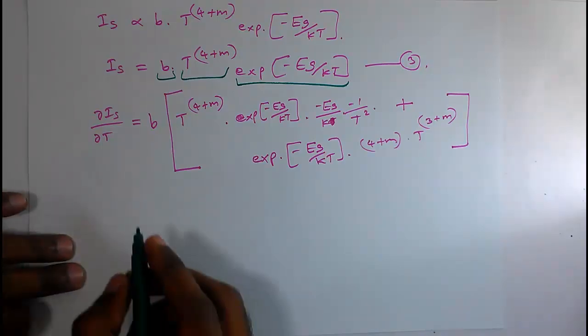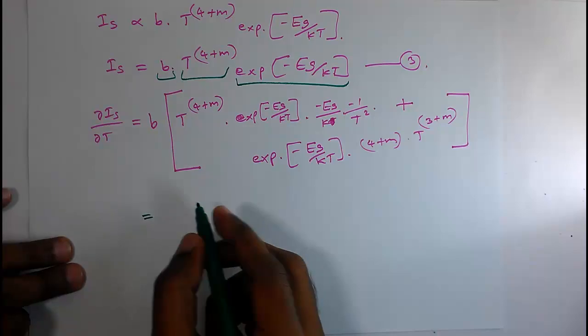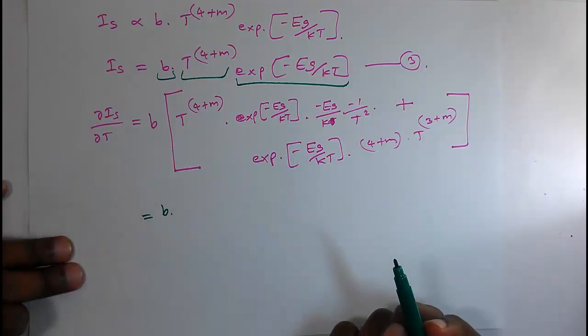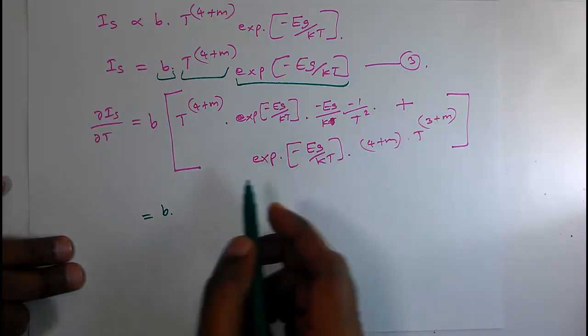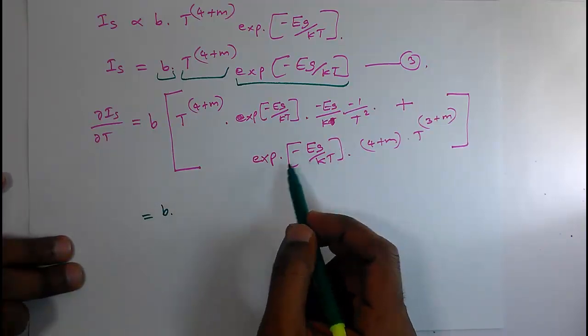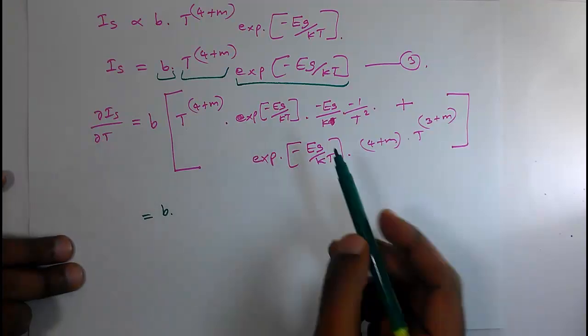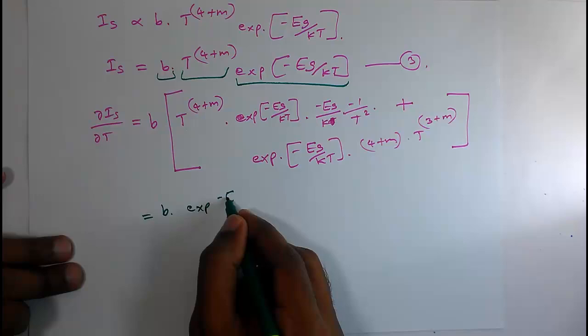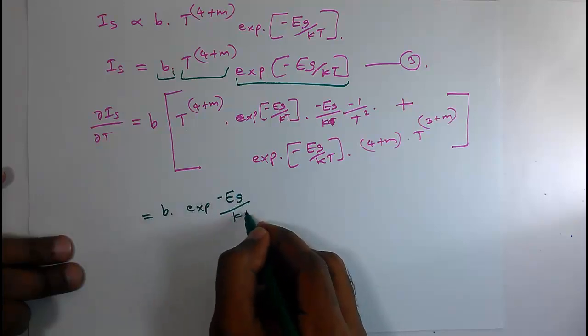We can simplify this equation, that equals B into exponential of minus Eg by kT, which is common to both, so I am taking it outside.